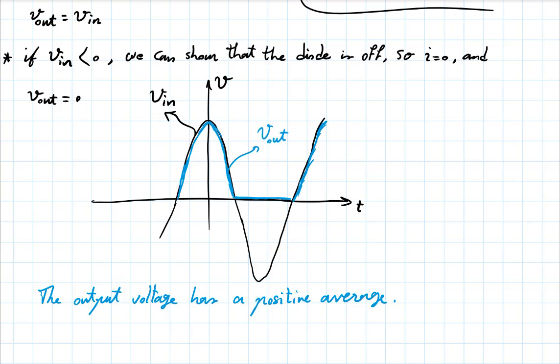You might say you have just built the crudest version of a DC power supply. So, you just put a diode in there and you give it an AC signal input, and you get something on the output that has a non-zero average, has a positive component.